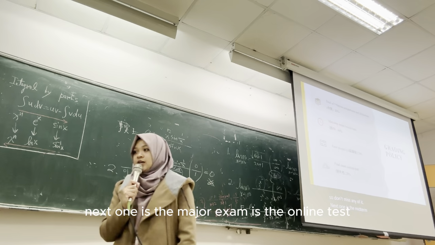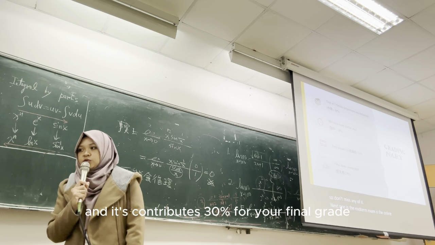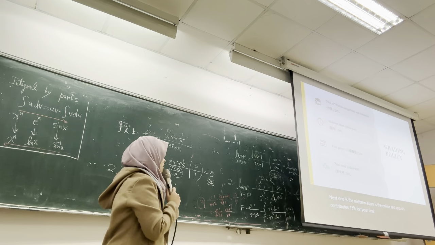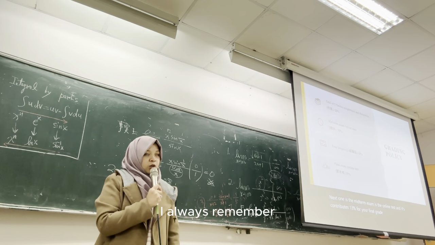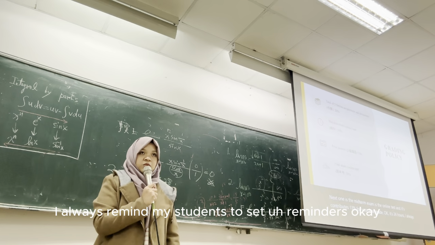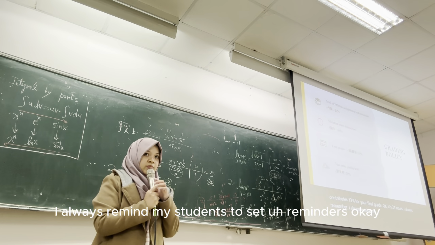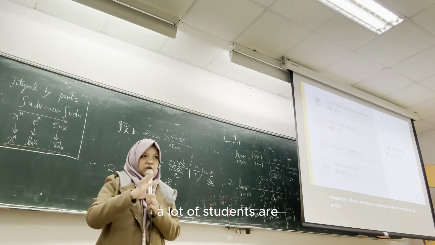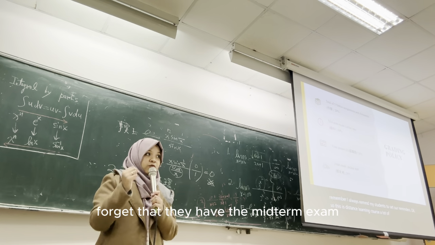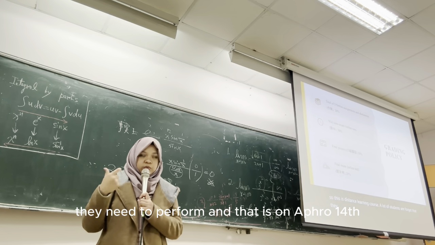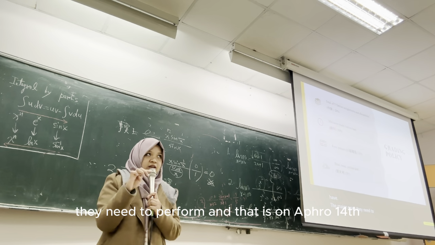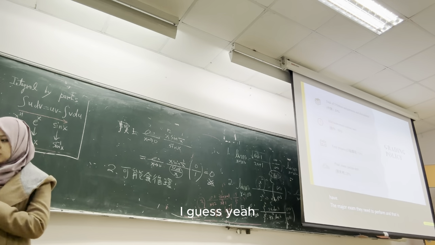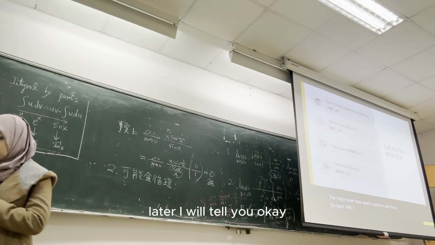It's an online test, and it contributes 30% of your final grade. It's 24 hours. I always remind my students to set reminders, since a lot of students in a distance learning course forget about the midterm exam. That is on April 14th, I guess. Later I will tell you.